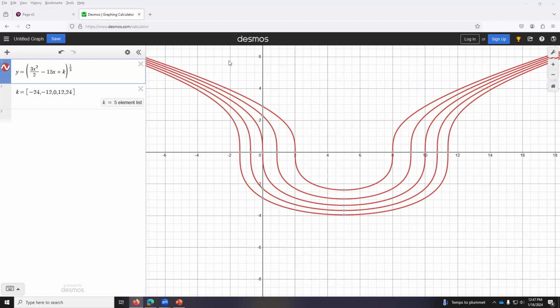Usually it would give you a function and a kind of slider, and as you slide k, it will change the function. But if you do it this way, you'll be able to see this family of solutions. Each curve represents some value, let's say negative 24, this one here for negative 24, right? And this one here will be for k equals 0. Okay, and this is a representation to the example.